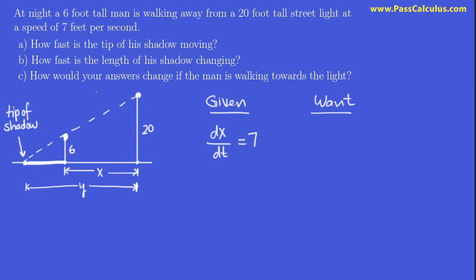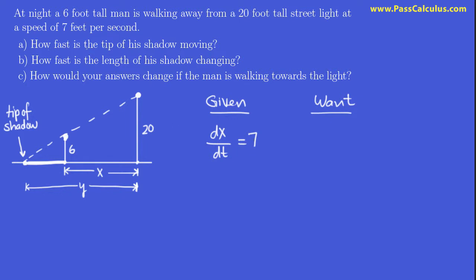I just want to quickly mention, looking ahead a little bit on part C, if the man was walking towards the lamppost, then x would be getting smaller over time, and that would mean dx/dt is negative 7. But for part A, he's moving away from the lamppost, so it's positive 7.